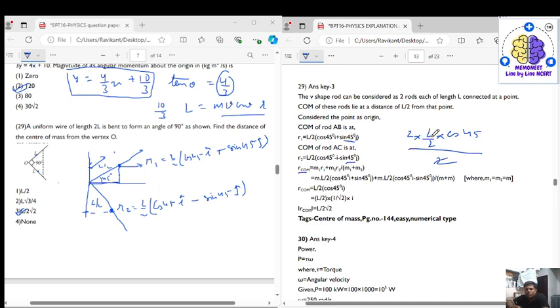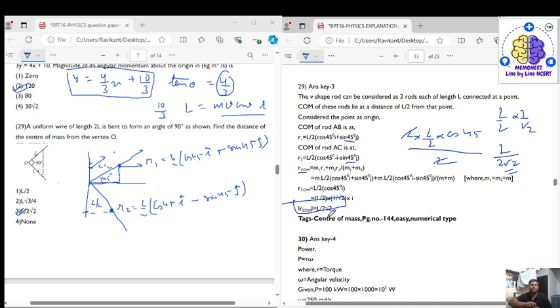The 2 and 2 cancel out. We are left with L by 2 into cos 45, which is 1 by root 2. So we get L upon 2 root 2 as the position of the center of mass.